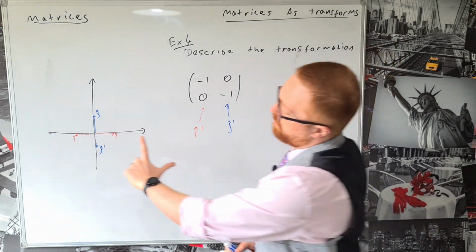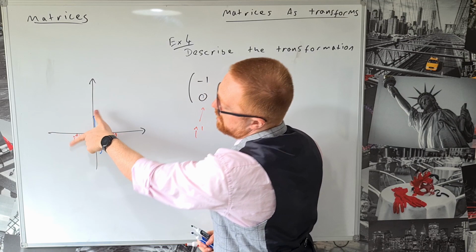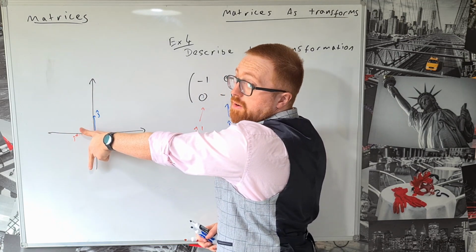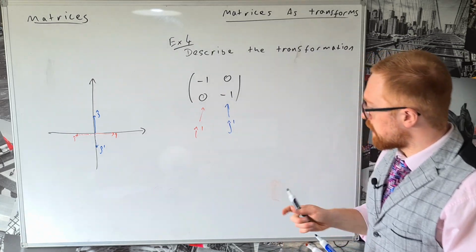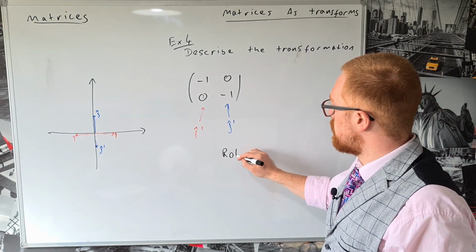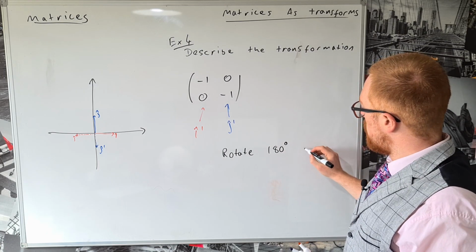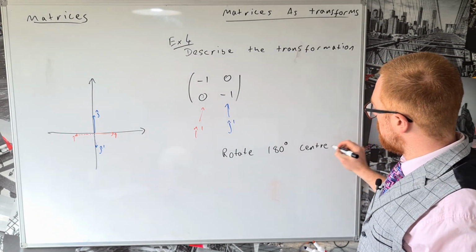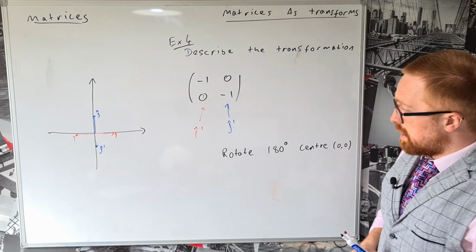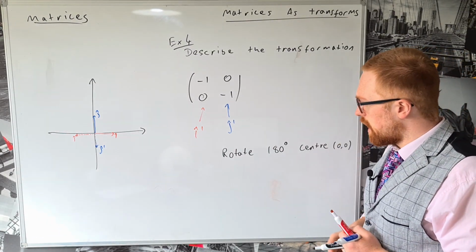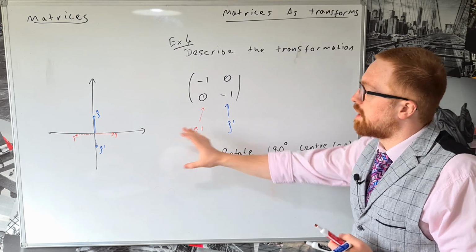I think I've given it away with my hand movement there. To go from there to there, the most obvious way to do it is by rotating it. So we could just rotate it 180 degrees centre the origin. But there is another way we could describe this transformation.